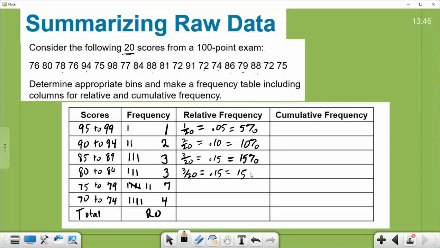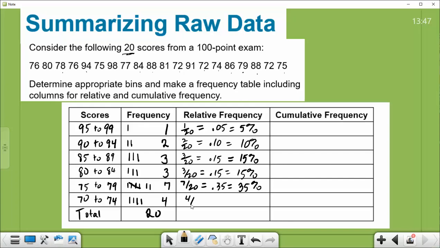So that's 15%. Relative frequency, remember, is the frequency for that category divided by the total frequency, which is 20. So 7 out of 20 is 0.35 or 35%.